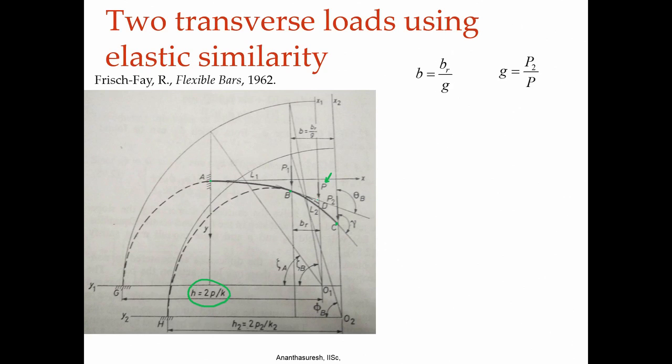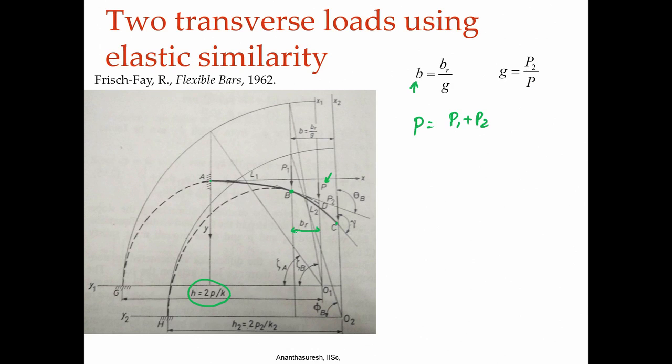He says that introduce P such that this P is equal to P1 plus P2, because at point B you would feel the effect of P2 as well as P1, right, when we do the shear force diagram, and also you would feel a moment which is this P2 times whatever this distance B is. So, he defines this B as BR by G, where G is P2 by P1 and BR is this distance.